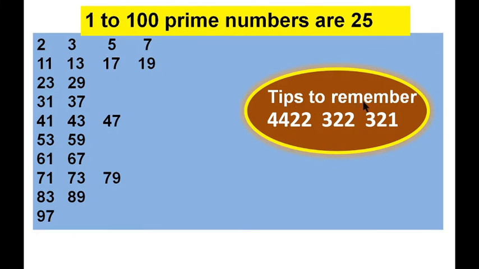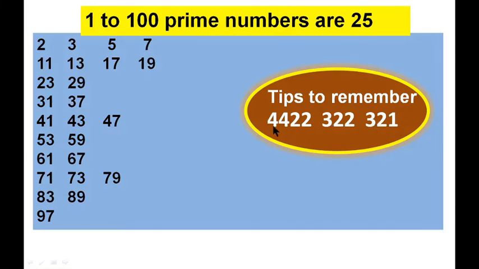Here, tips to remember. We can learn the prime numbers from 1 to 100 by a trick. We just have to remember 4422, 322, 321.